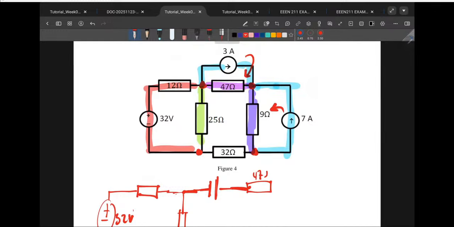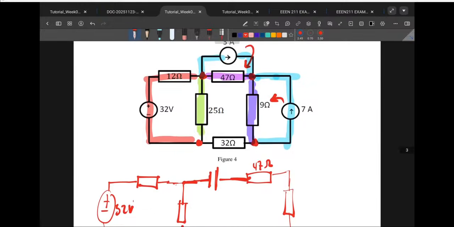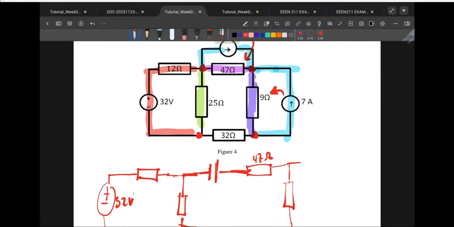It doesn't go anywhere. So it's like you'd say, okay, here we have another thing. Here we have this 7 amp with this. So we would need to put them in series.